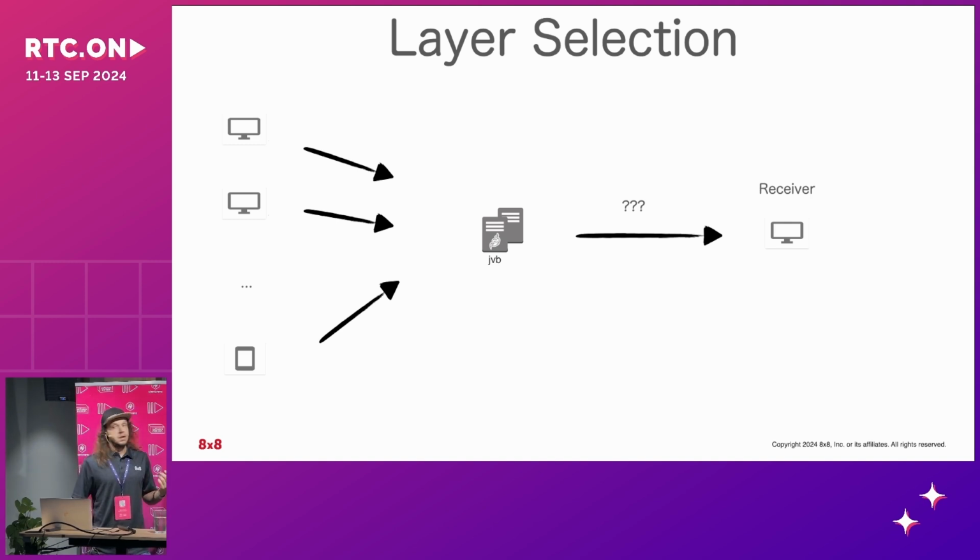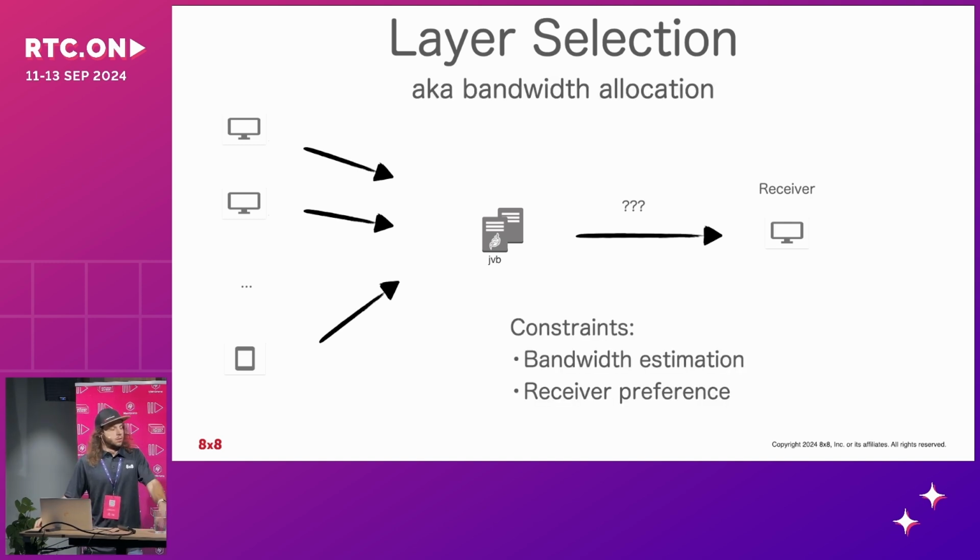And we are subject to some constraints. We have an estimation of the available bandwidth, and we have some preferences coming from the receiver. So we also refer to this as bandwidth allocation, because one way to think about it is you have X amount of bandwidth. How are you going to allocate it between the different sources?